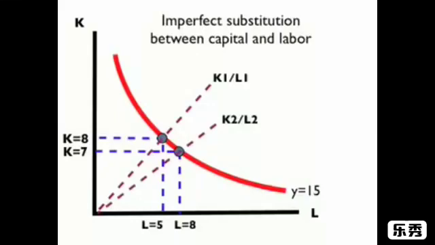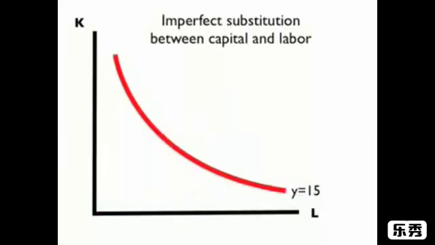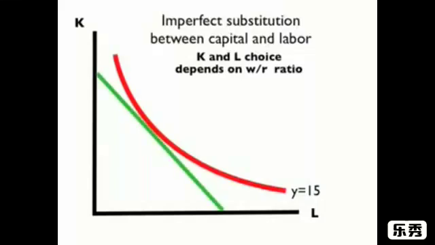So the question will be which combination to use, and that will depend on the labor cost compared to the capital cost, the wage-rental ratio. So once again, we'll bring in the cost side of the equation. The total cost curve depicted in capital-labor space with the slope of the line equal to the wage-rental ratio, so that the cost of capital and labor will determine the optimal amount of capital and labor given by K1 and L1.